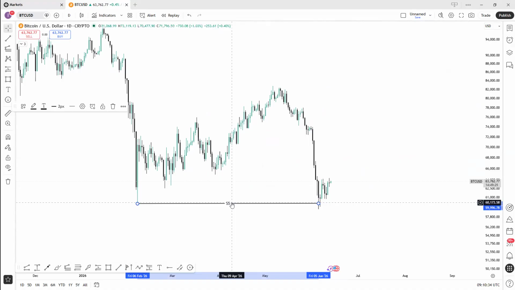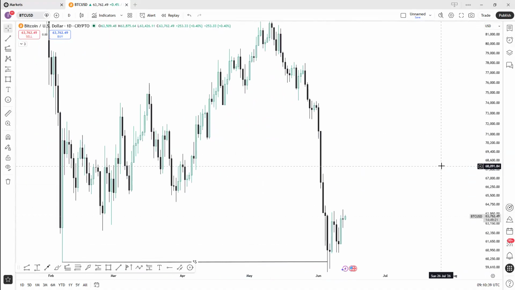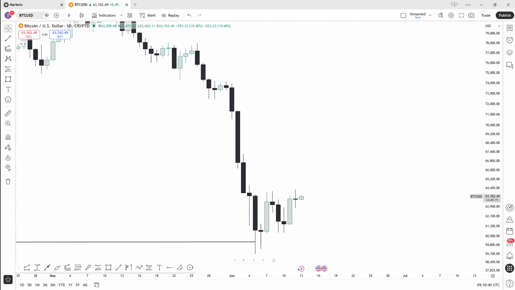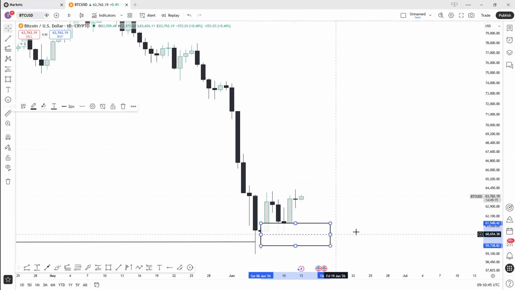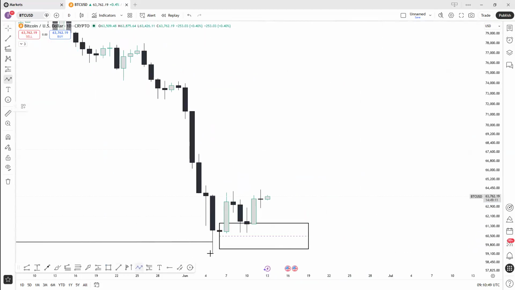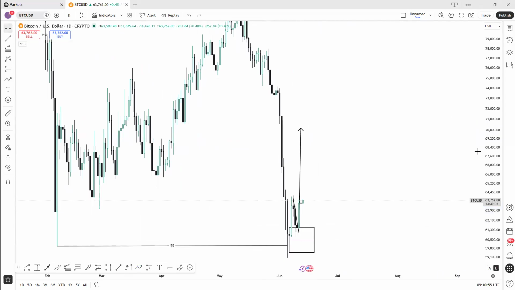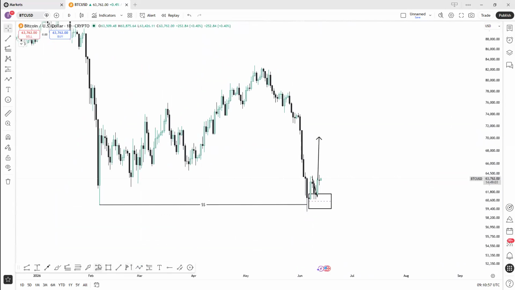On the time frame of this liquidity sweep, after liquidity sweep on that daily sell-side liquidity, price created order block here on daily time frame. After creation of that order block, price also retraced back to mitigate this order block. We expect price will raise up again from that area.